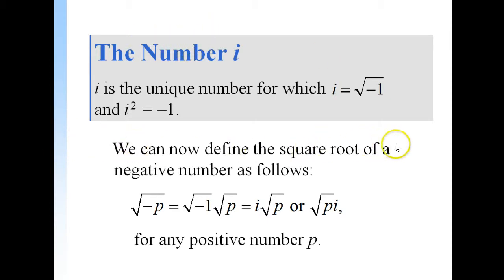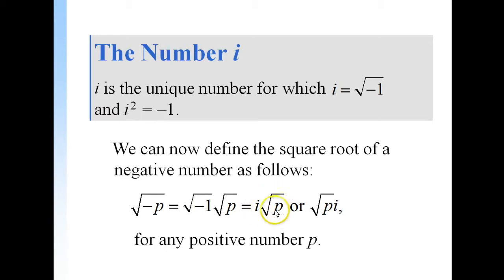We can now define the square root of a negative number as follows. The square root of -p is equal to, we're going to divide this into two parts, the square root of -1 times the square root of p. And we said the square root of -1 is i, so i times the square root of p.